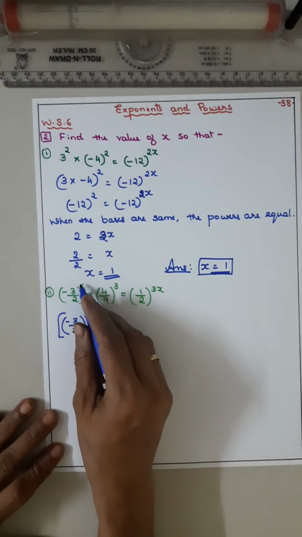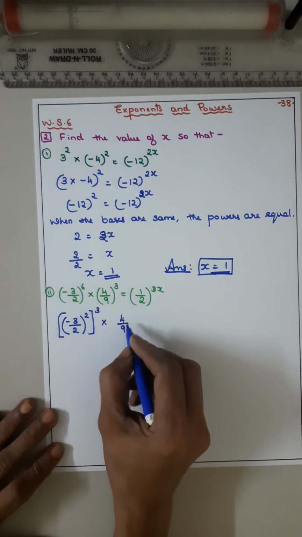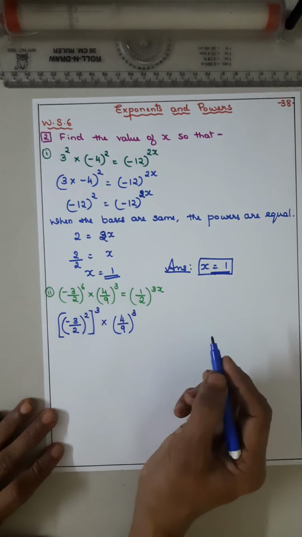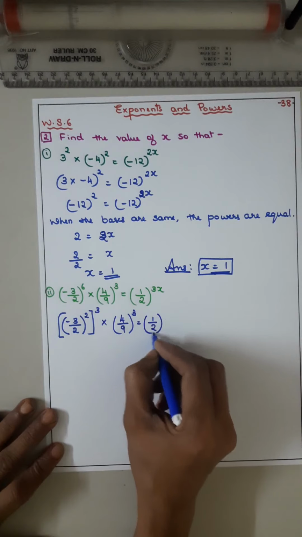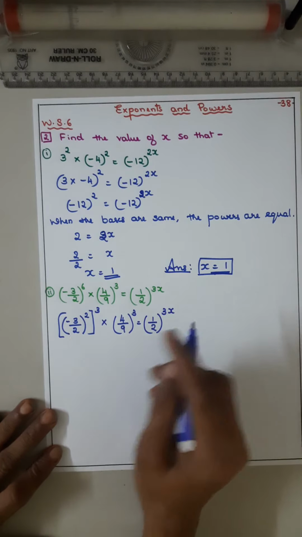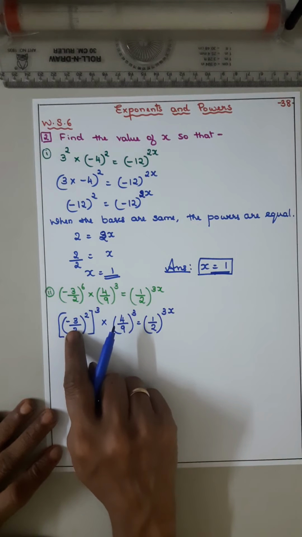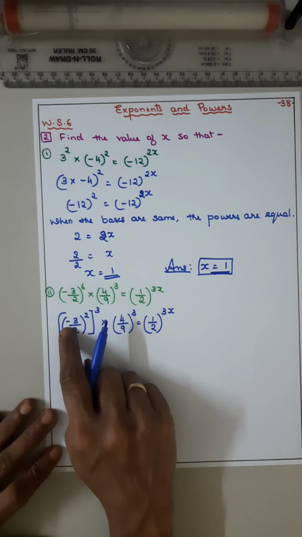2 3s are 6, into 4 by 9, the whole raised to 3 is equal to 1 by 2, the whole raised to 3x. Now, this one, how much it will become? The power is 2, that is even and the base is negative. So it becomes positive.